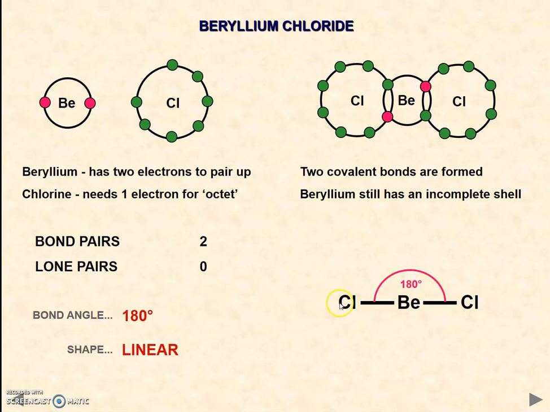So in this molecule here, the way we can align the bonding pairs of electrons away from each other is by having this linear or straight line shape. So the name of this shape is linear, and the chlorine-beryllium-chlorine bond angle is 180 degrees. And this applies to any molecule where you've got 2 bonding pairs around the central atom and 0 lone pairs.